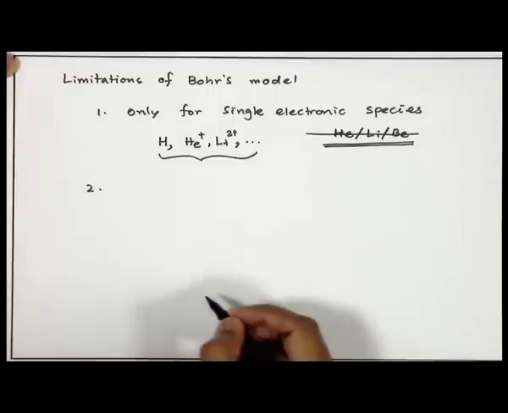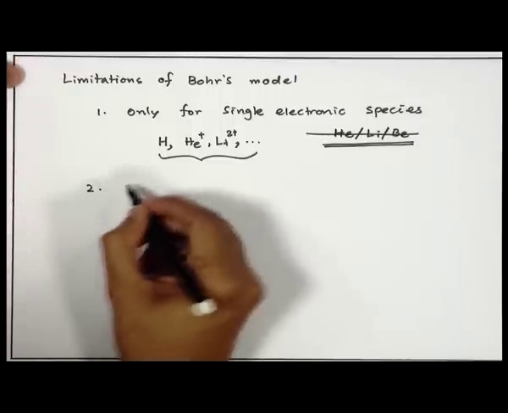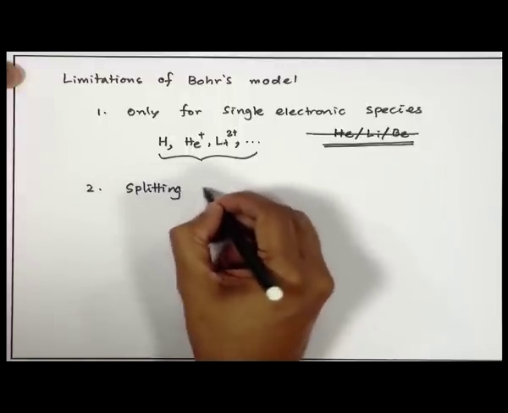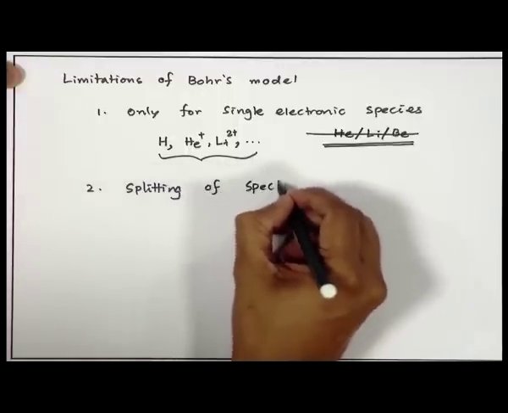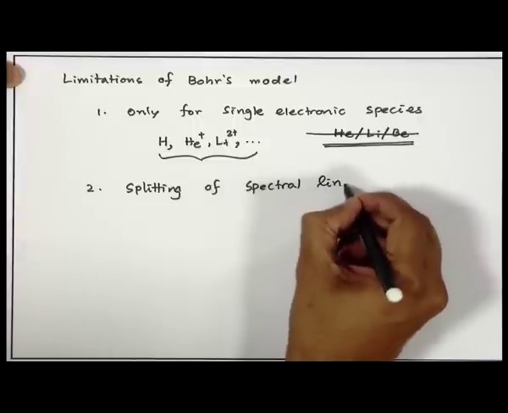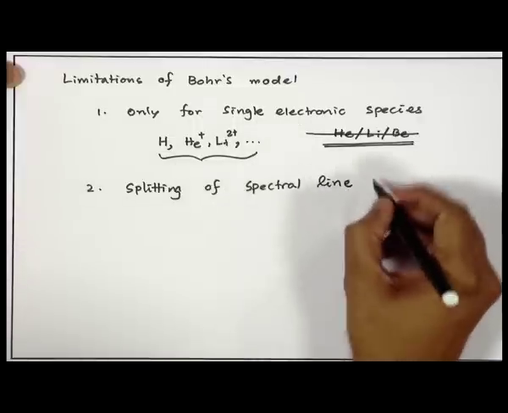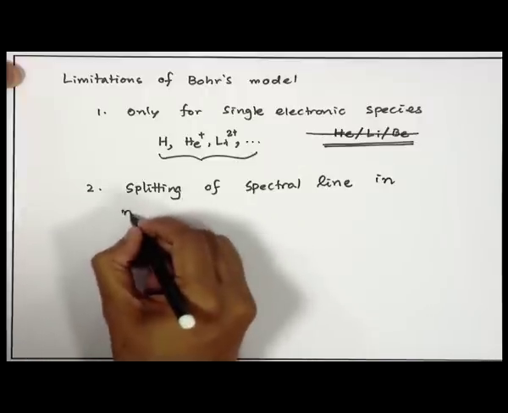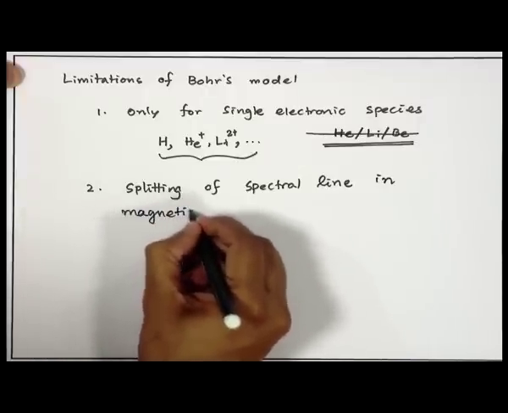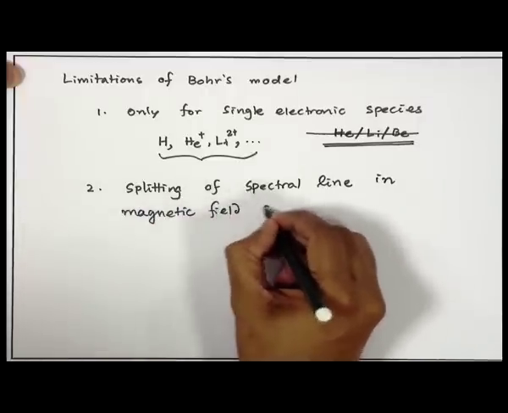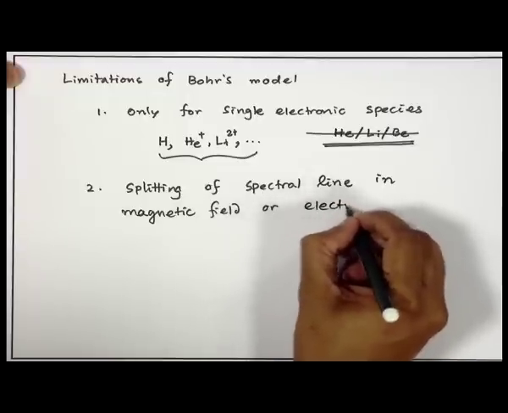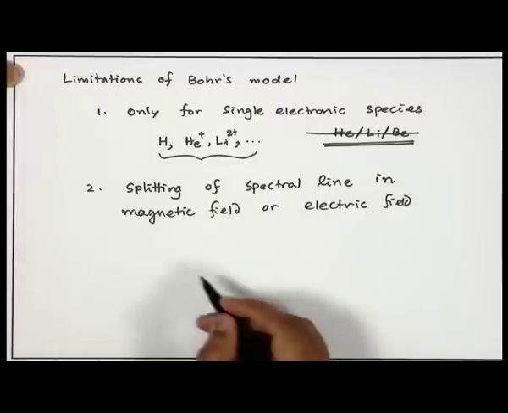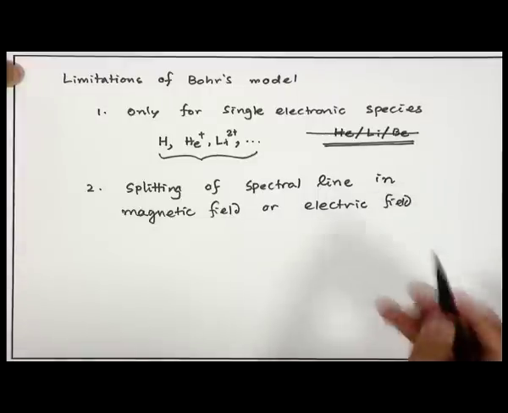The other limitation of Bohr's atomic model is that it could not explain the splitting of spectral lines when the matter is under the influence of a magnetic field or electric field. What was seen is that one could record the emission spectrum of any atom in a normal condition.